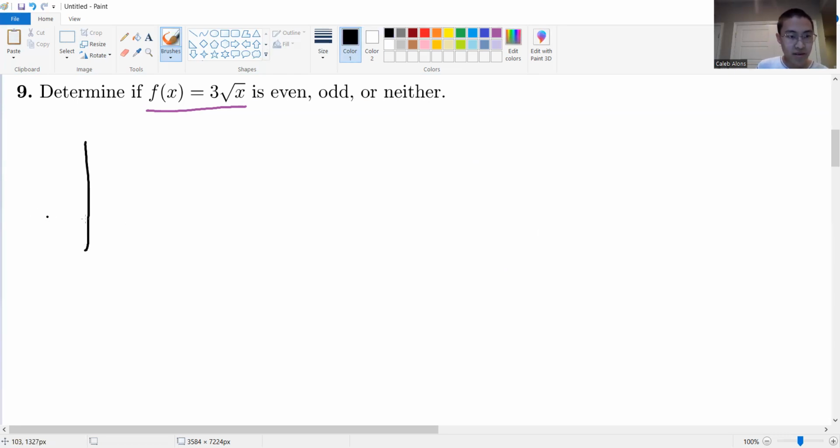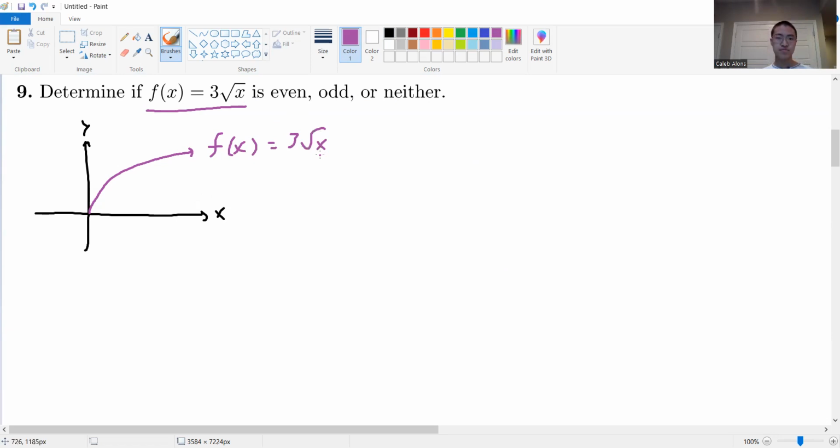If we pause a moment and look at the graph, we're going to notice that 3 times the square root of x is going to look something like this. It's going to be 3 times that square root of x kind of deal. So this is f of x equals 3 times the square root of x.